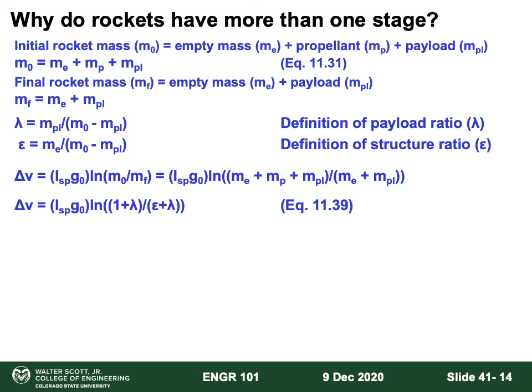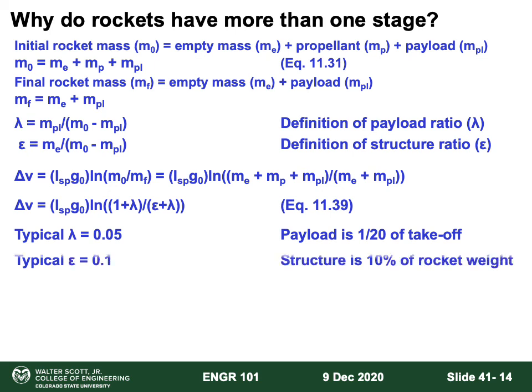Now let's look at some typical limitations based on how we build these structures. We want to make sure we have a significant payload going into orbit. So typically the payload is somewhere around 1/20th of the takeoff weight. When you go back and see what we covered in class, you'll see that that's roughly right for the Soyuz and the Falcon rocket.